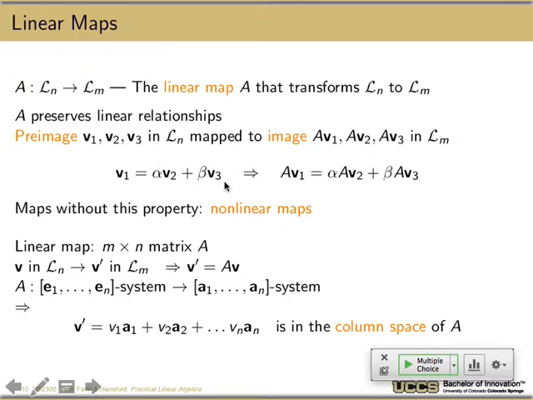If I take any linear combination of those 3 vectors in Ln, I get the same linear combination of the mapped vectors in Lm. That's the linearity property. Okay? Maps that don't satisfy this for all values of alpha and beta, including 0, are nonlinear maps. So I can still have a map between anything. I can always have a map. It just may not be a linear map.